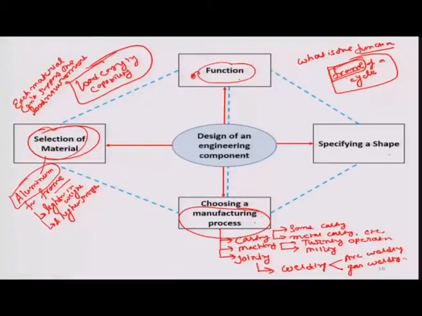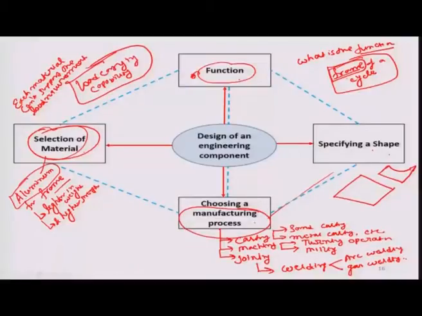Again, this process influences the shape. Suppose the shape of a frame can be of various types, this type or this type.